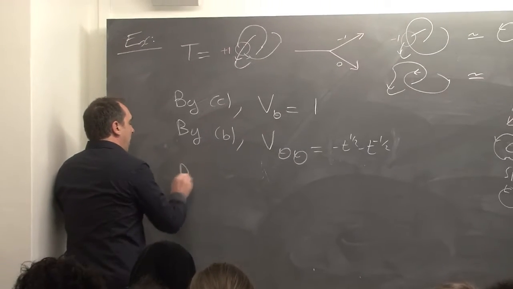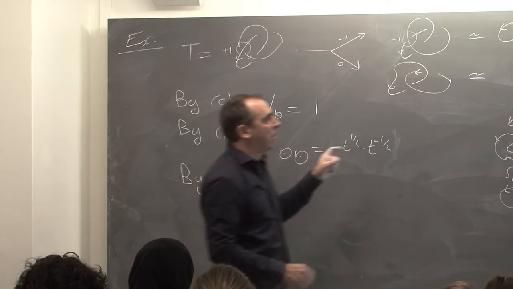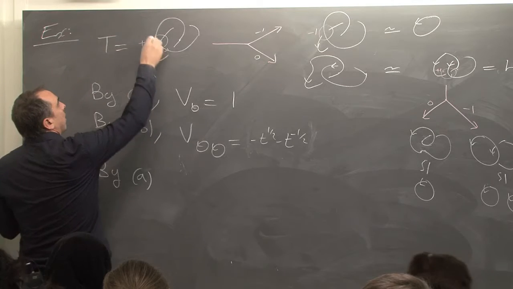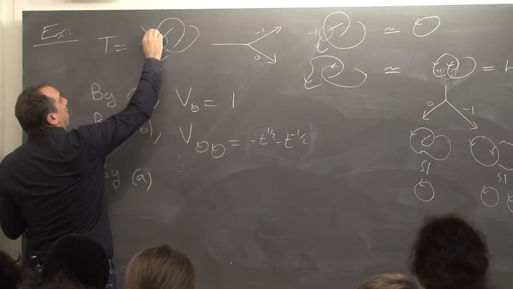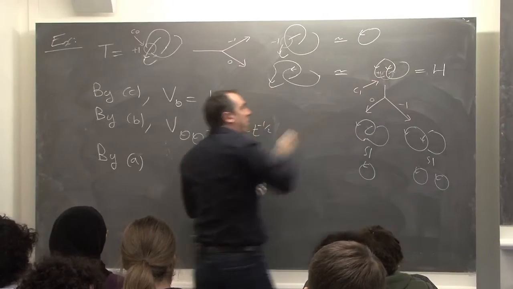Now let's call this crossing C0 and here C1.